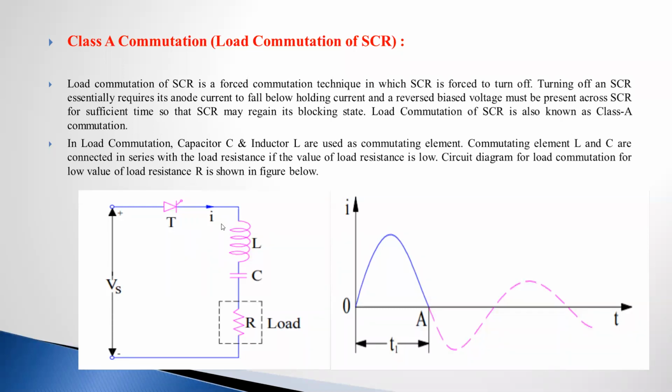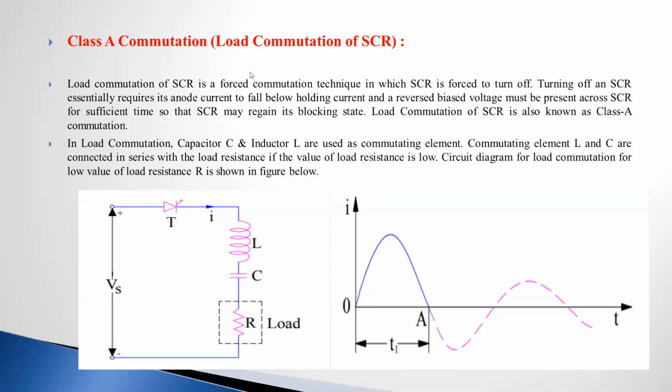When the load side voltage is greater than the supply voltage, then automatically the cathode is made positive with respect to the anode. So when the cathode is made positive than the anode, the thyristor is turned off. That is the process of turning off the thyristor in class A commutation, that is the load commutation of SCR.